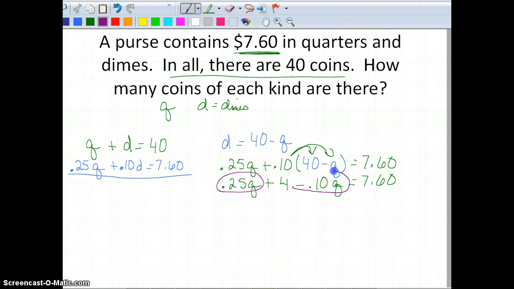I'm going to go through and combine my like terms. 0.25 Q minus 0.10 Q. So that's going to give me positive 0.15 Q plus 4 is equal to $7.60. Going to subtract 4 from both sides.